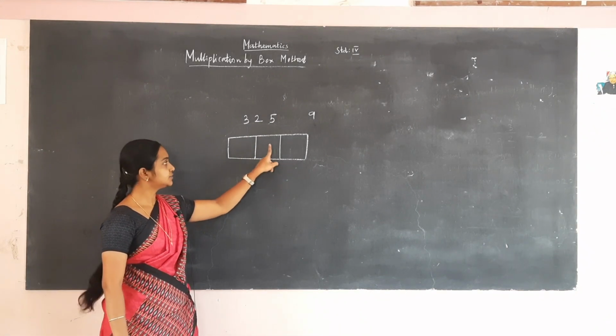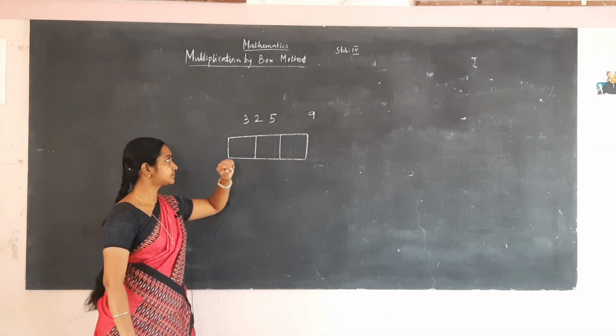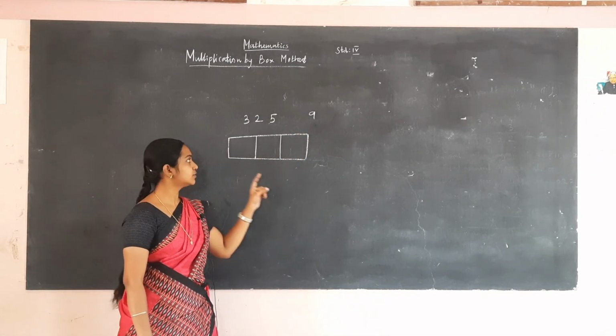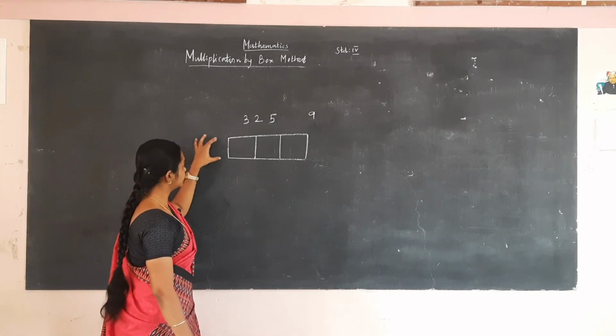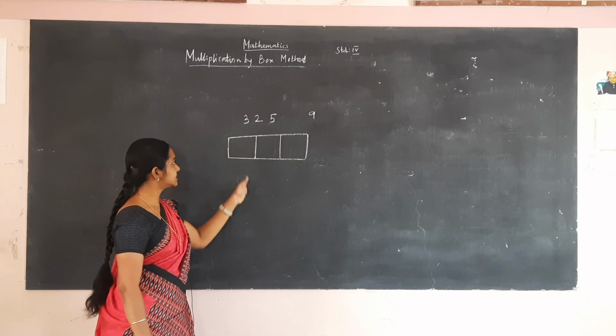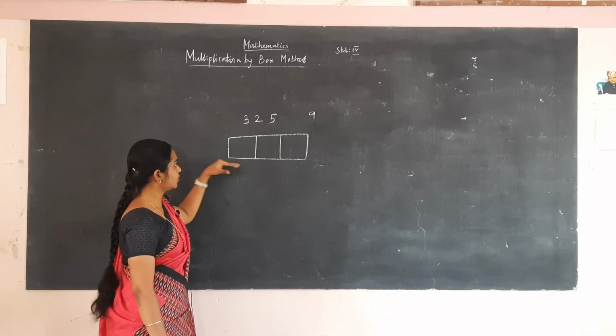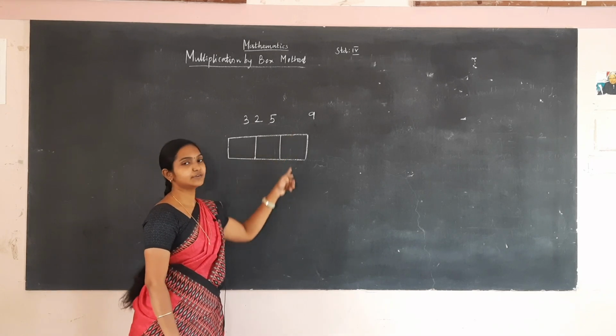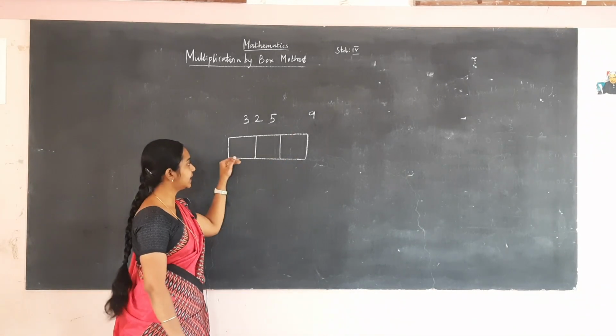Column number 1, 2 and 3. 9 is a number with 1 digit. So, we have to put 1 row. This is a row, and this is a column. So, we have drawn 3 columns and a row.